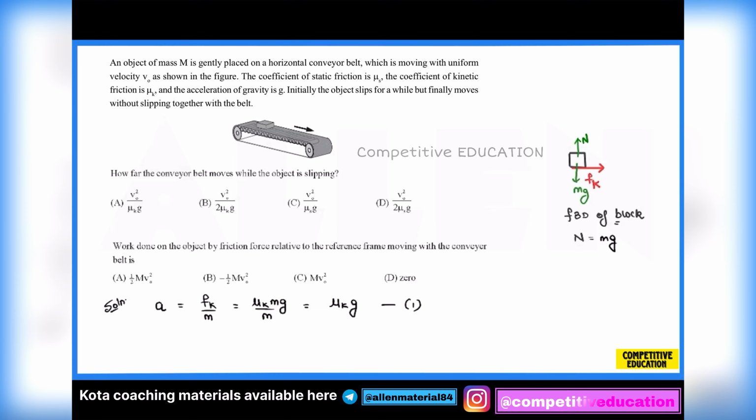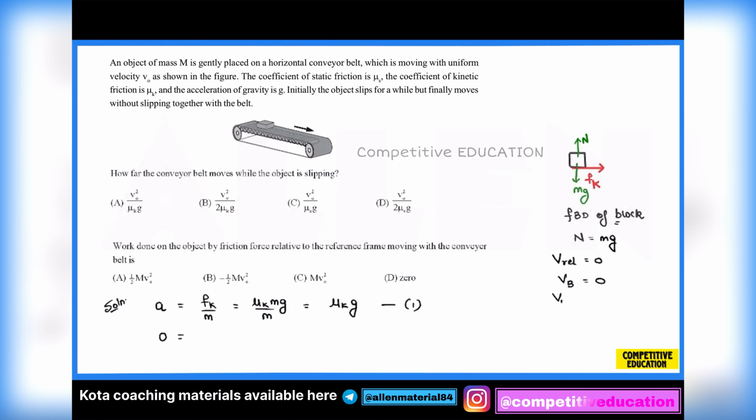Now finally these two are moving without slipping, means v relative will be 0. This is the final relative velocity, it will be 0. So in this frame of conveyor belt I can write final velocity will be 0. Initially this block was kept, so the velocity of block with respect to ground was 0.